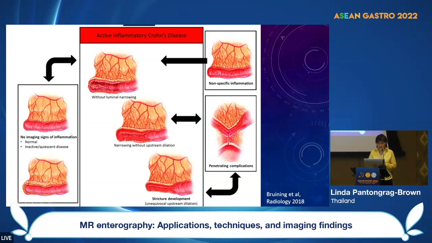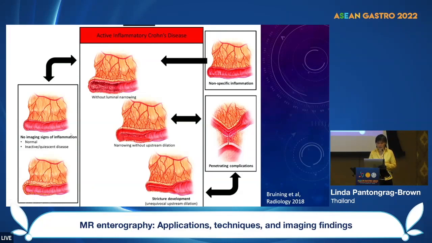But if the thickened bowel wall progresses into an area of stricture, causing upstream dilatation, it could progress into transmural inflammation and develop into complications of sinus tract, fistula, or inflammatory mass and abscesses.